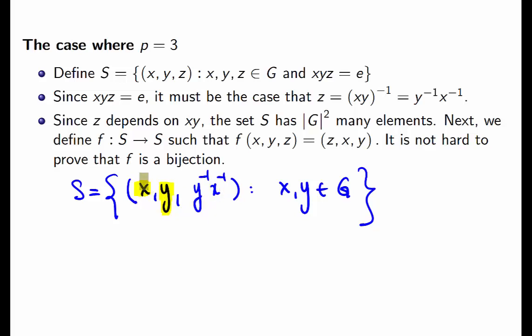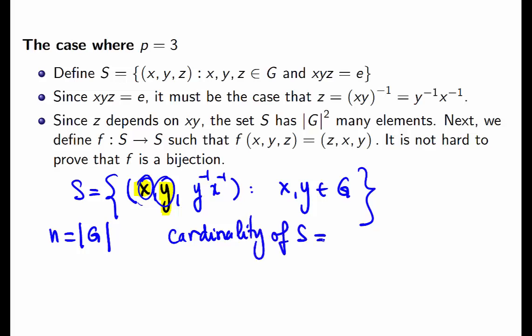If we let n be the order of G, then there are n many ways of choosing X, and n many ways of choosing Y. This tells us that the cardinality of S is essentially n squared, which is the order of G squared. That's how many elements we have in the set.